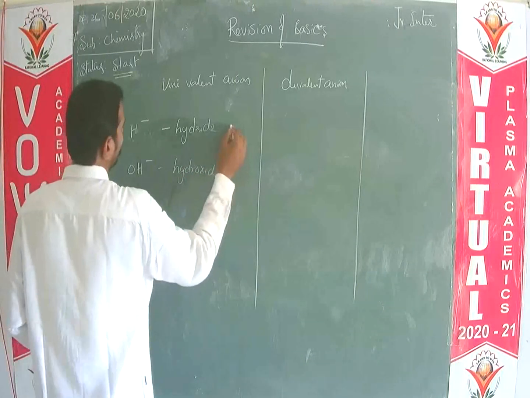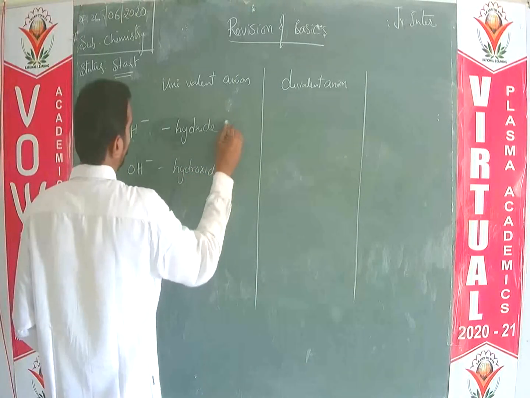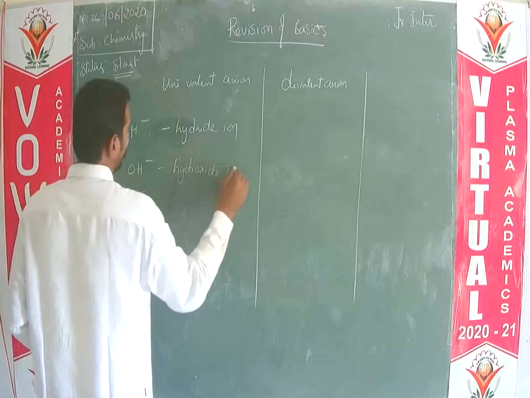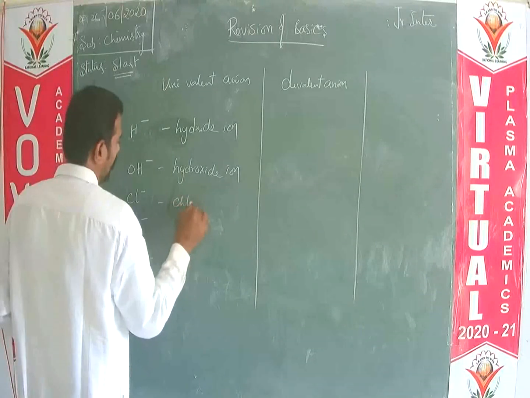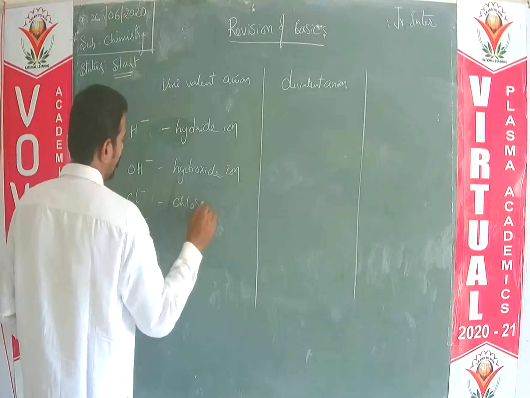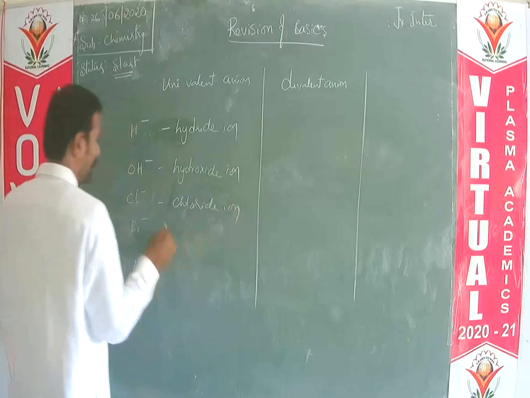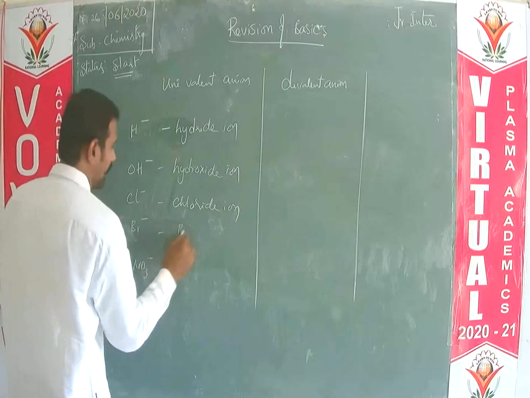At the end you have to write hydride ion, hydroxide ion. Cl minus means chloride, not chlorine, chloride. Obviously Br minus becomes bromide.